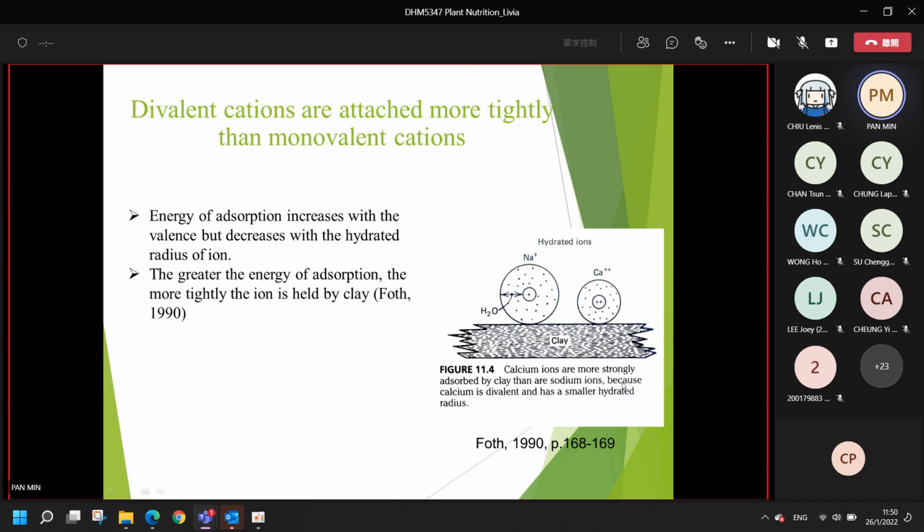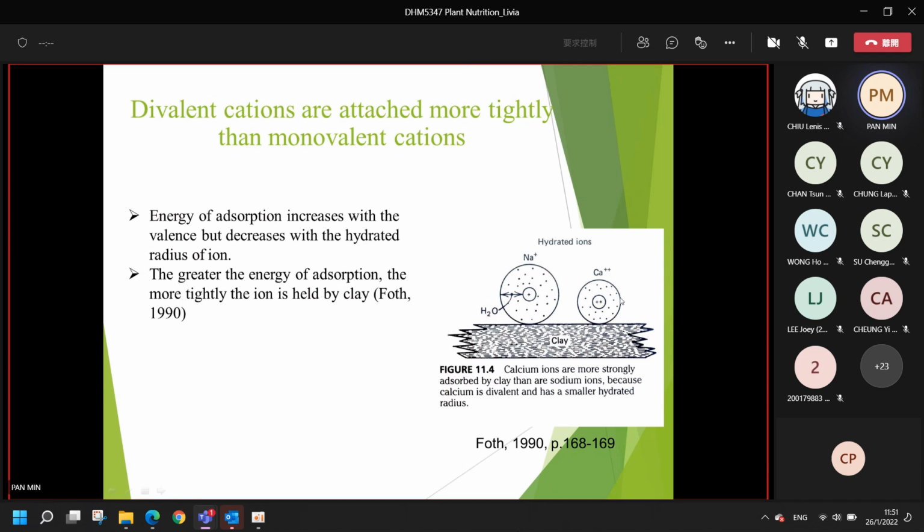Here you can see that because the divalent have a stronger attraction on the mineral surface or the colloid surface. And here you can see that the energy of adsorption increases with the valence, but decreases with the hydrated radius of ions. The greater the energy of the adsorption, the more tightly the ion is held by the clay.